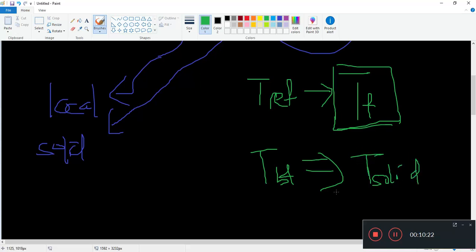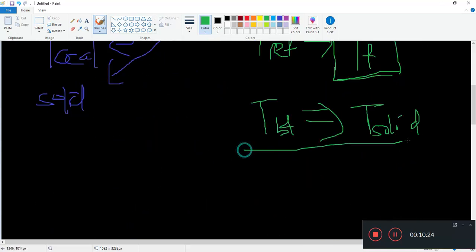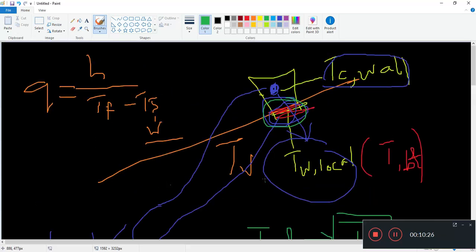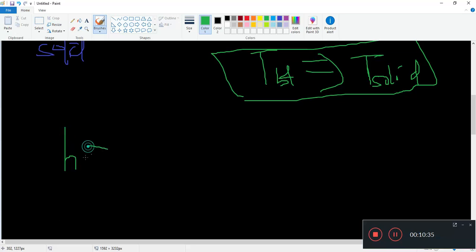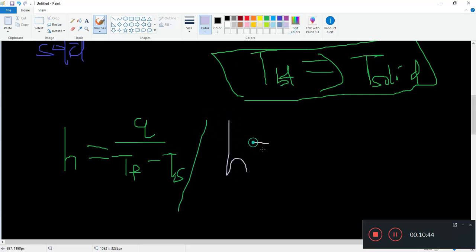Now, if this TBF, this solid temperature, is the same for the whole solid, then that's perfectly alright. We shouldn't have any discrepancy between the H that we calculate manually and the H we calculate using OpenFOAM. So T fluid minus TBF.